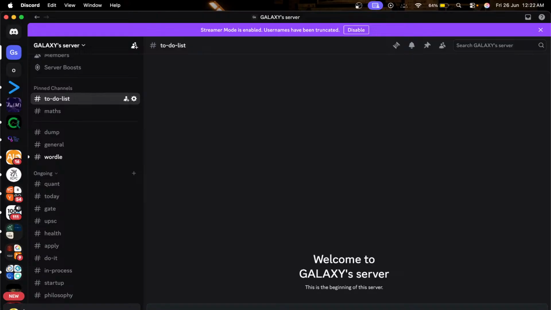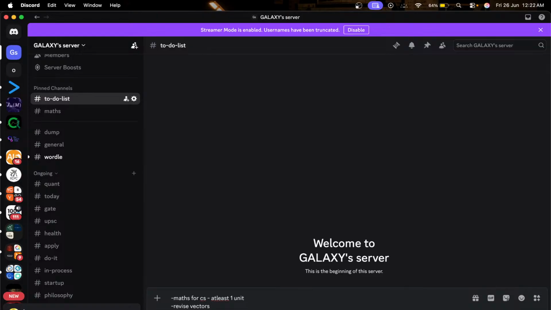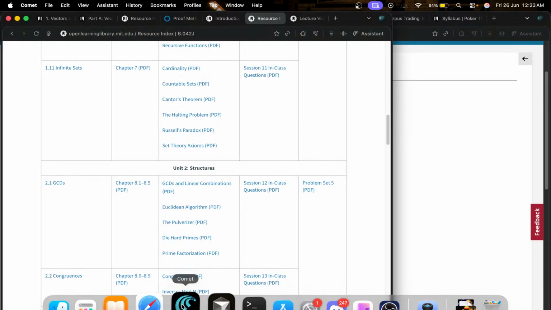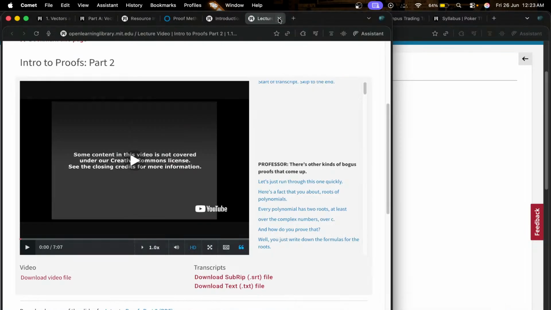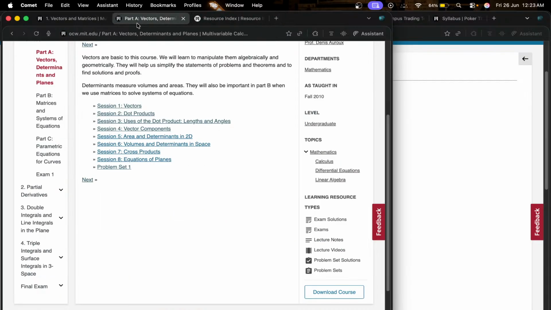Maths for CS, at least 1 unit. I need to finish it tomorrow. Then revise vectors, and then finish what we were doing, till part 8.